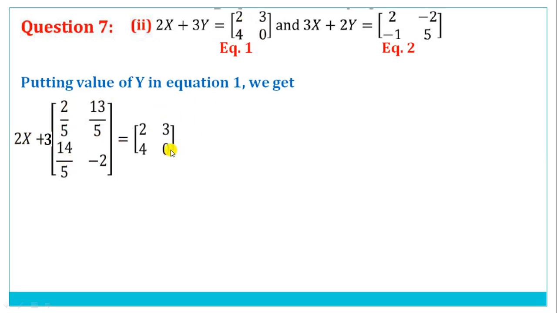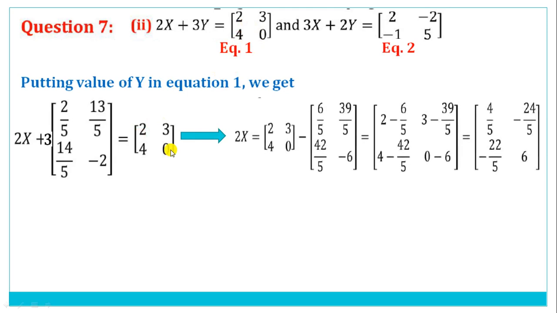Again the same procedure: we will multiply each element of this matrix with 3, and after that we will take this resulting matrix to the right hand side. Here there is a plus, and when it goes to the right hand side the matrix becomes minus. And this is what we are getting: 2x plus this matrix, and minus this matrix, which we multiplied and moved to the right hand side.